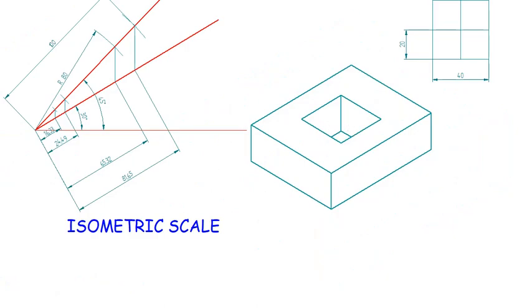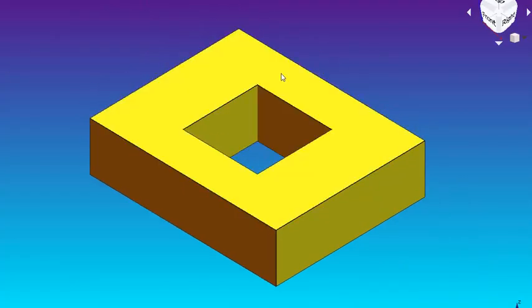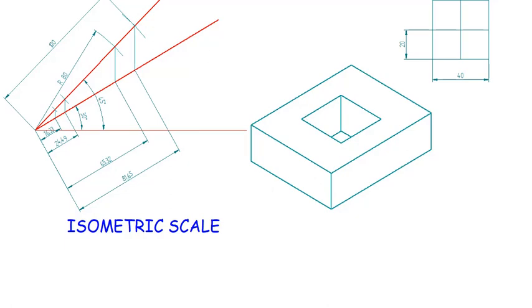So this is what you're going to see. Even here, either you can draw it this way or this way, anyway it is correct. So just draw its reference line and show its angle. Other than this we are not going to show any dimensions.